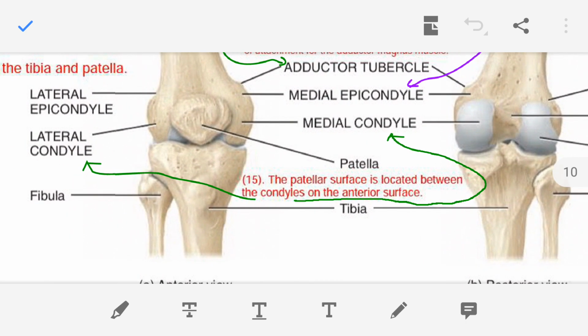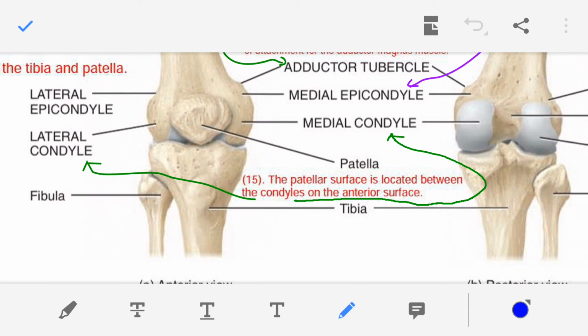Now in point number 15 we are trying to understand the position of patella, where exactly the patella is located. Now the theory point says that the patellar surface is located between the condyles of the anterior surface.